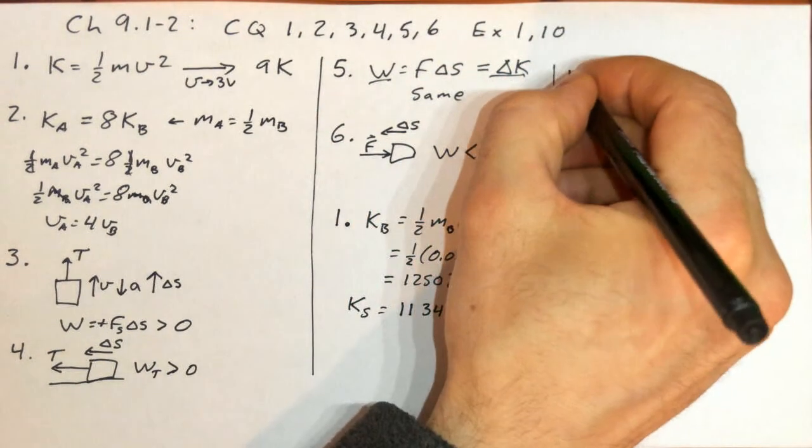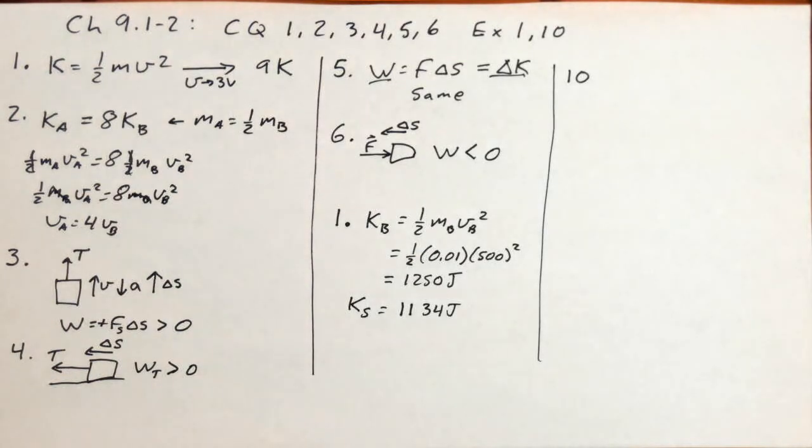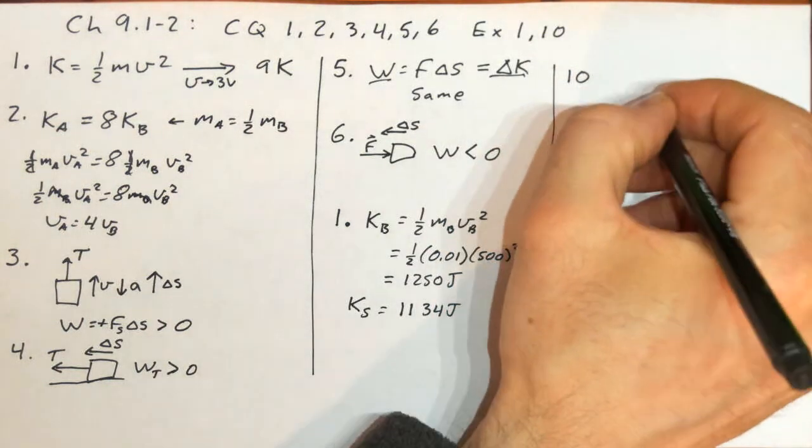Now let's look at exercise 10. Okay, so the first part of this question, how much work is done by gravity, is very similar to what we've already done. It's a definition of work.